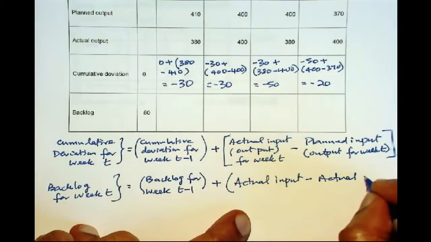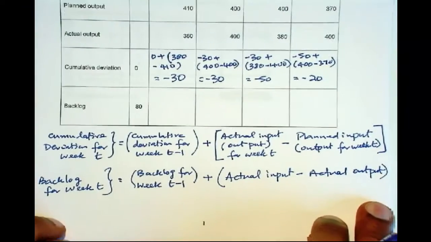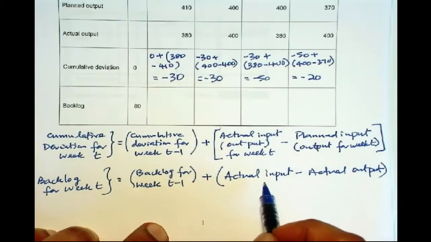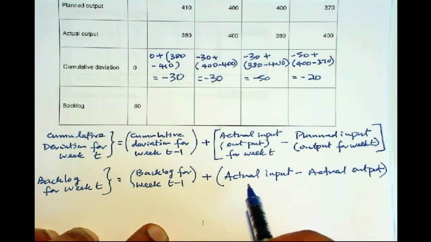So backlog is about what is actually happening. So it is not about planned input or planned output. So it's always with actuals.